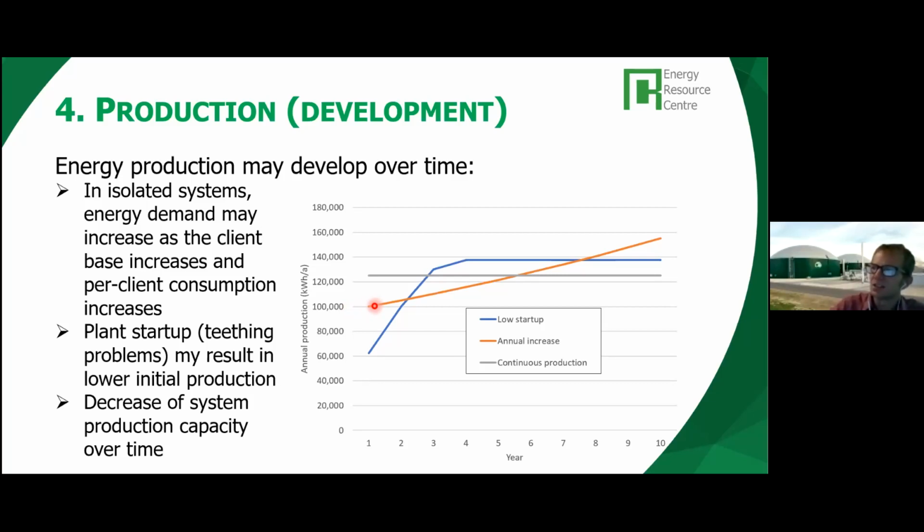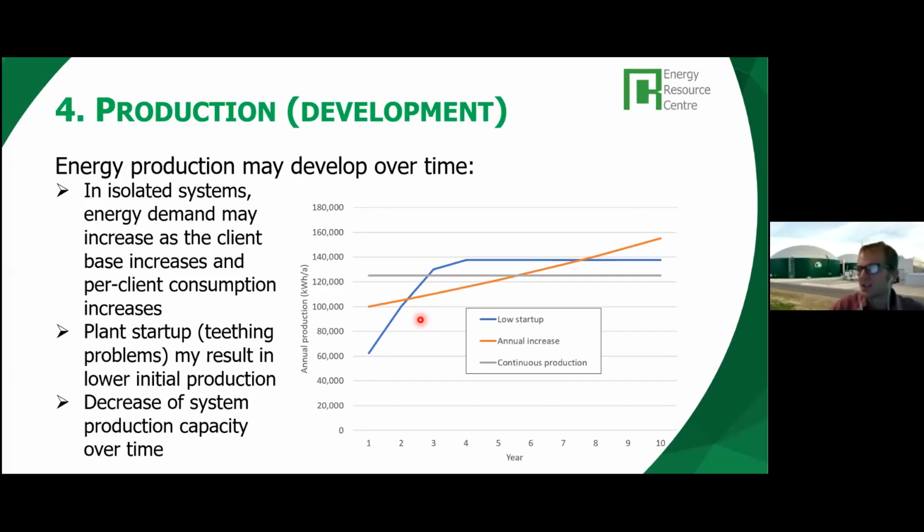On the other hand, clients can over time start using new applications and thereby increase their consumption. And so what you usually see is, over time, an increase in the consumption.